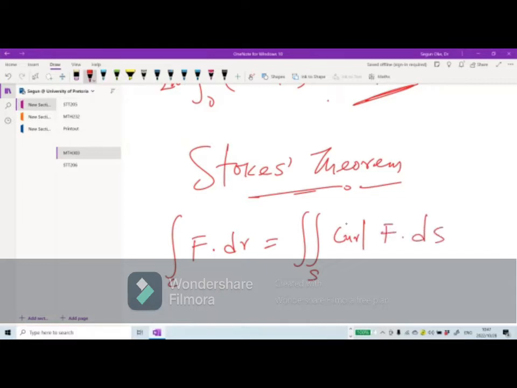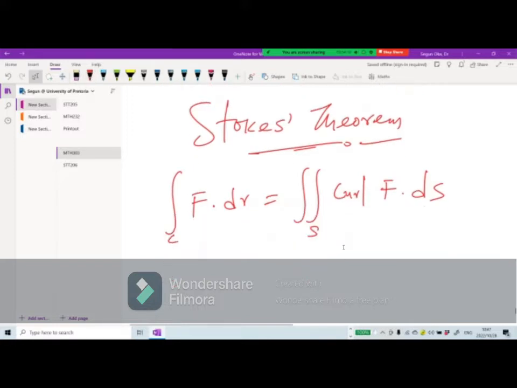That is all about Stokes theorem, which means S is an oriented smooth surface bounded by a simple closed smooth boundary called C with positive orientation.